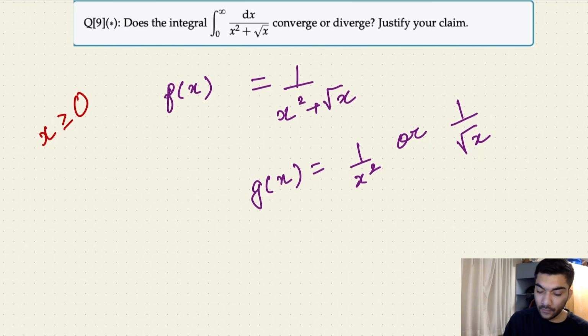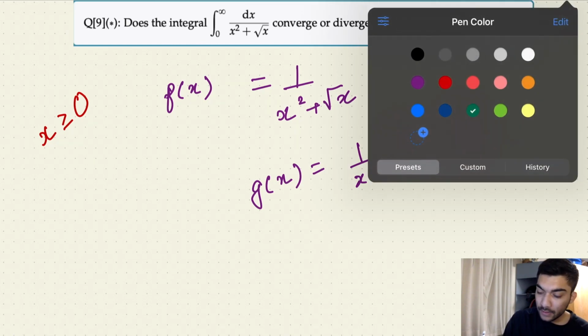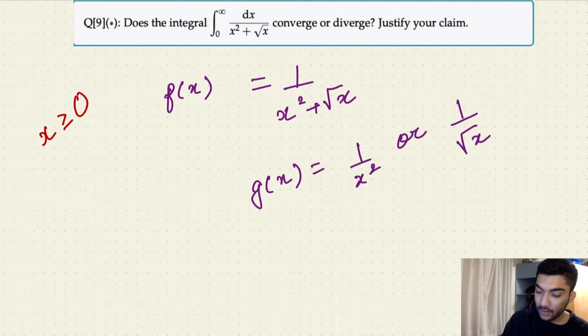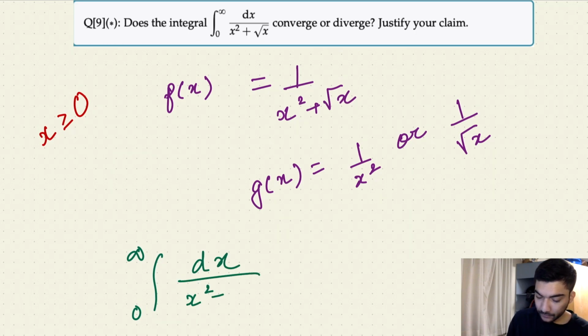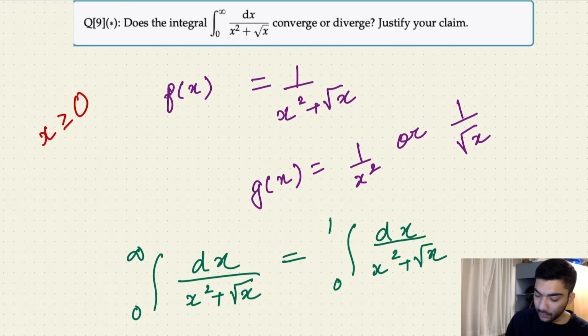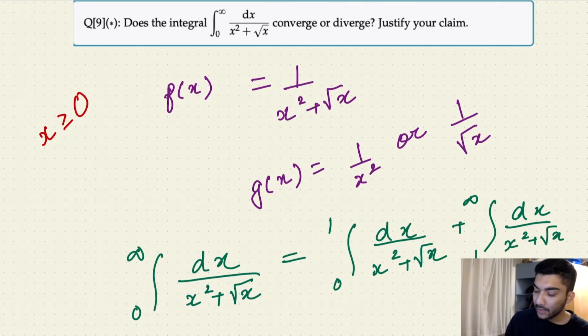So for this integral, what we will do is, for the original integral, we'll split this integral over here. We'll write the original integral as simply integral from 0 to 1 dx over x square plus root x plus integral 1 to infinity dx over x square plus root x.